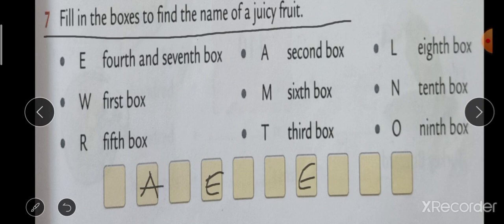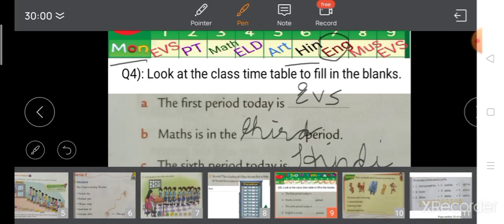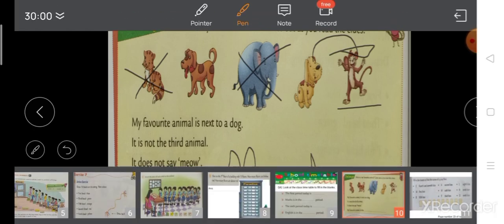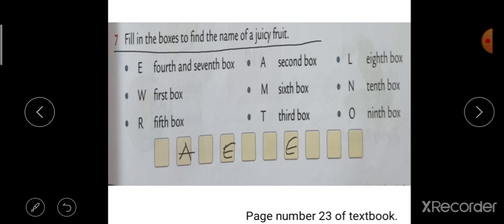1, 2, 3, 4, 5, 6, 7, 8. L in the eighth box. W in the first box. W. Then M in the sixth box.